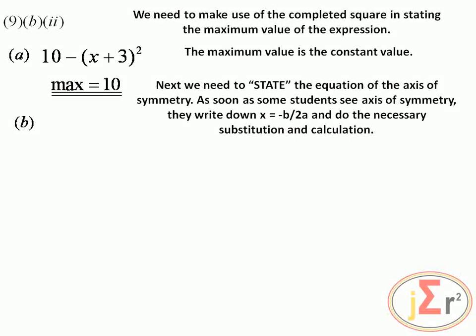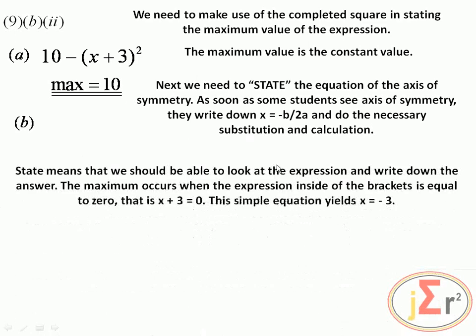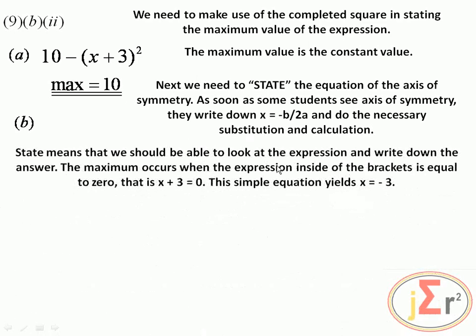That is the formula for the axis of symmetry, and they will go straight ahead, make their substitution, and make their calculations. The problem said state. Therefore, we are sure that there must be some way to just look at the expression so formed and write down the equation of the axis of symmetry. State means that we should be able to look at the expression and write down the answer.